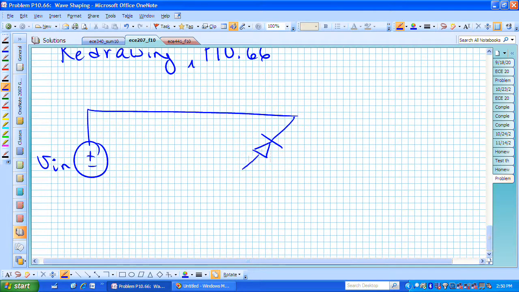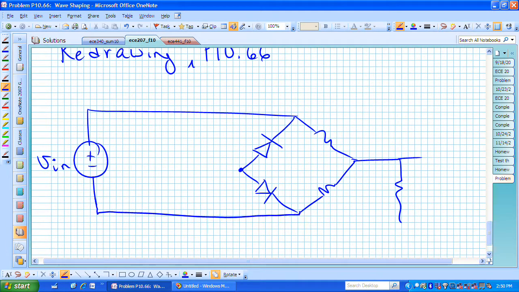And we have our 2 diodes that are connected anode to anode. We have a resistor and another resistor combining to give us our output. And this is now our negative terminal of our source connecting to those 2 points.